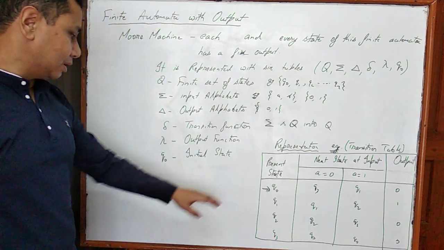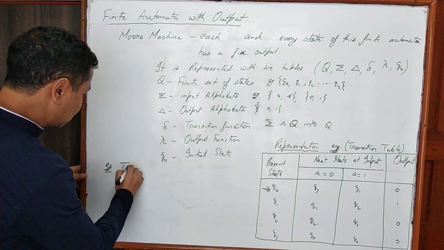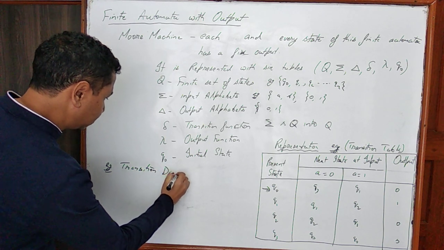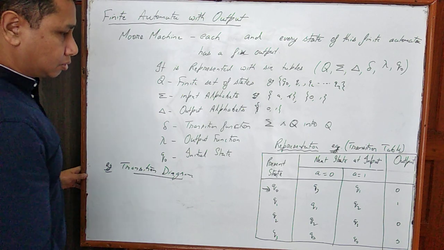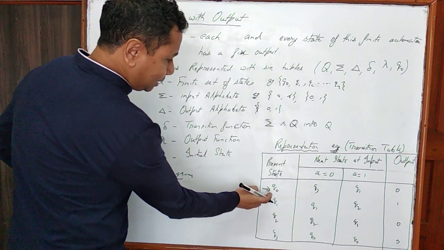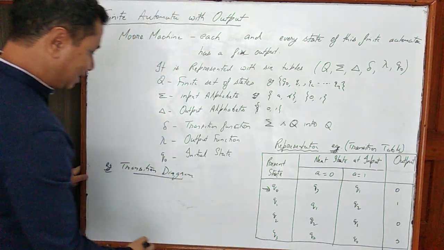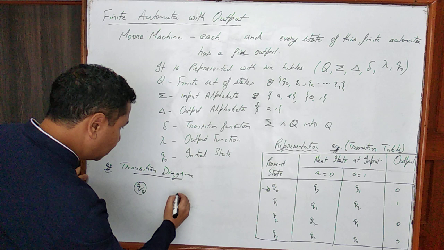Let us take an example of how the transition diagram is done. This will be your transition diagram. We represent it by taking all the states q0, q1, q2, q3 in a diagrammatic representation.